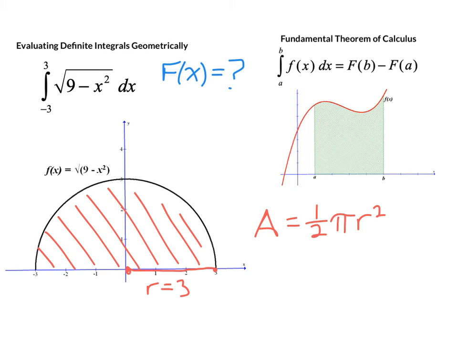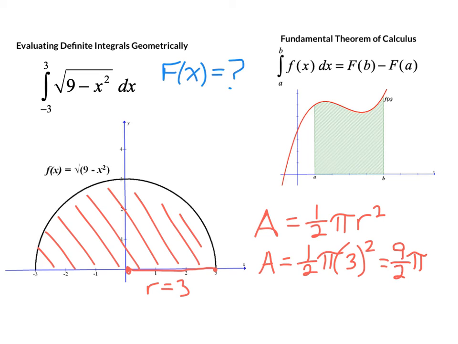By looking at our graph, we can just go ahead and evaluate our integral this way, as long as we recognize the geometry going on here and the fact that this is a semicircle. You get a much simpler conclusion than if you were to do that antiderivative, which right now for most of you is well above your pay grade. You just have to trust me for the moment.